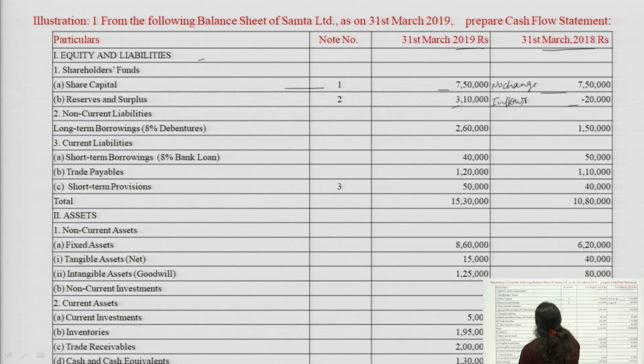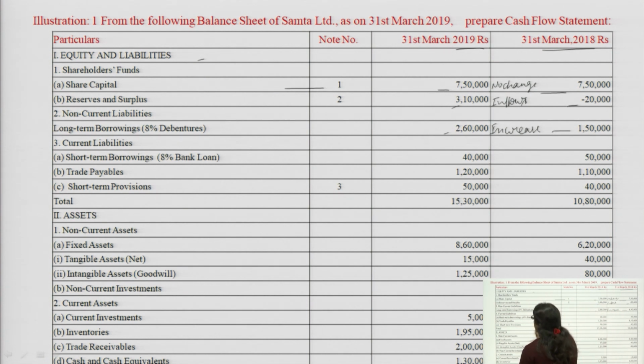In non-current liabilities, long term borrowings, 8% debentures were earlier 1,50,000 and are now 2,60,000, so debentures have increased.